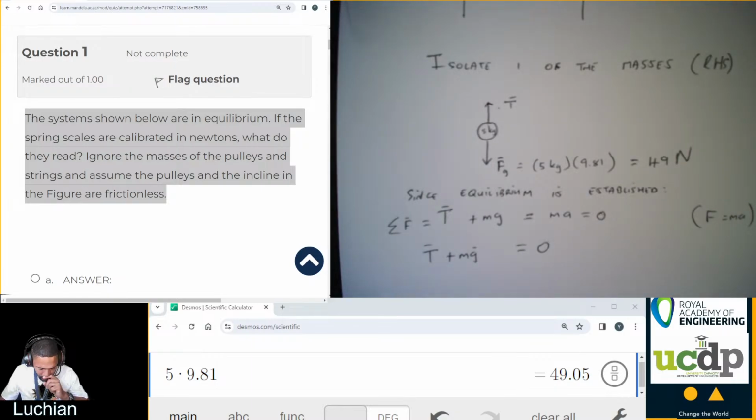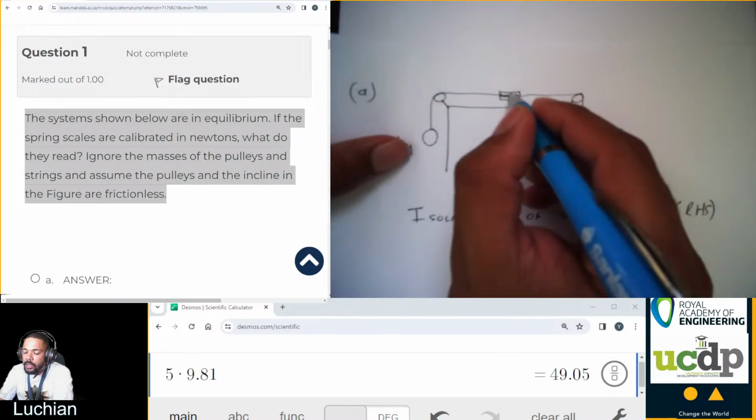Now this scale in this case is reading the tension.